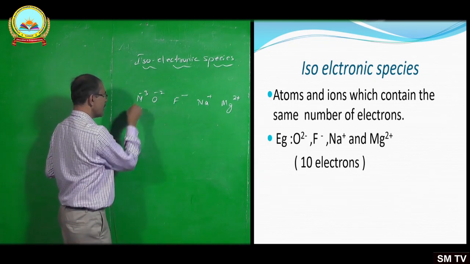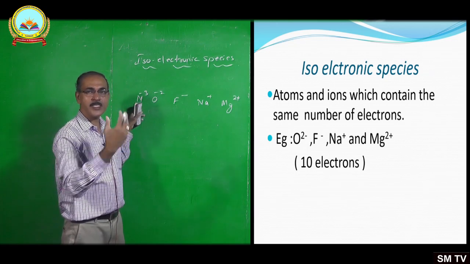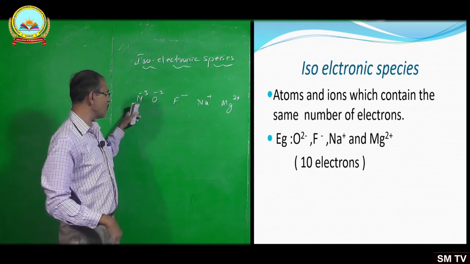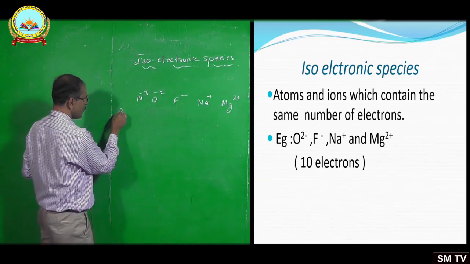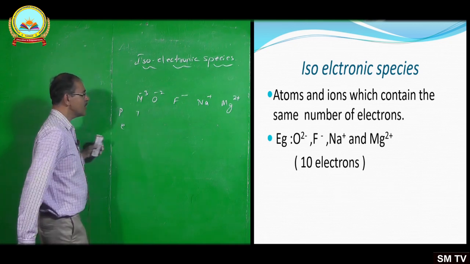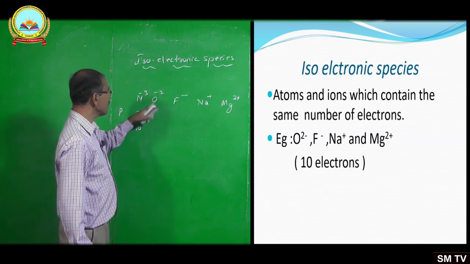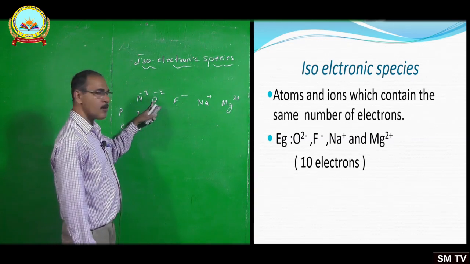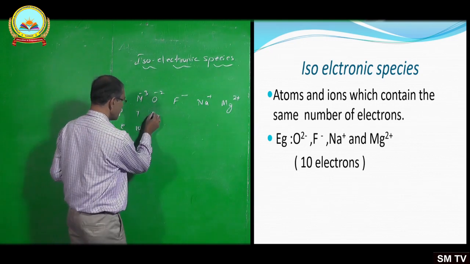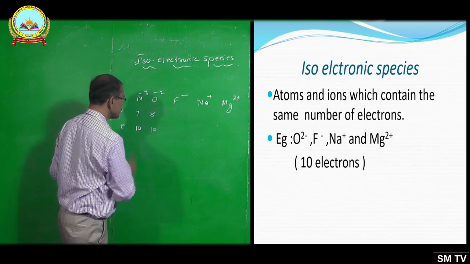N minus 3, atomic number is 7, minus 3 charge because it has gained 3 electrons. So, number of protons and number of electrons: here you have 7 protons, 10 electrons. O minus 2, the atomic number of oxygen is 8, 8 protons in the nucleus, 10 electrons.